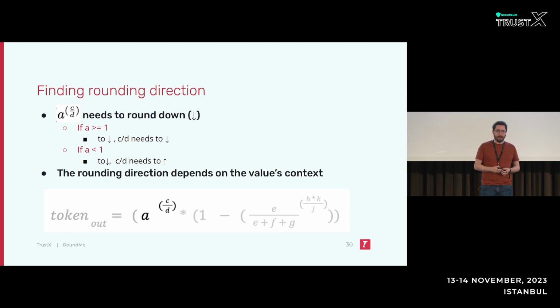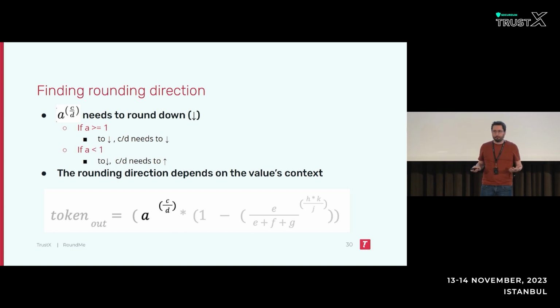However, if A is a number between 0 and 1, it's actually the opposite. If you think about it, 2 to the power 3 is going to be below 2 to the power 4. However, 0.5 to the power 2 is not going to be below 0.5 to the power 3, because if you multiply a number between 0 and 1 by itself, the more you multiply it by itself, the lower the result will be.